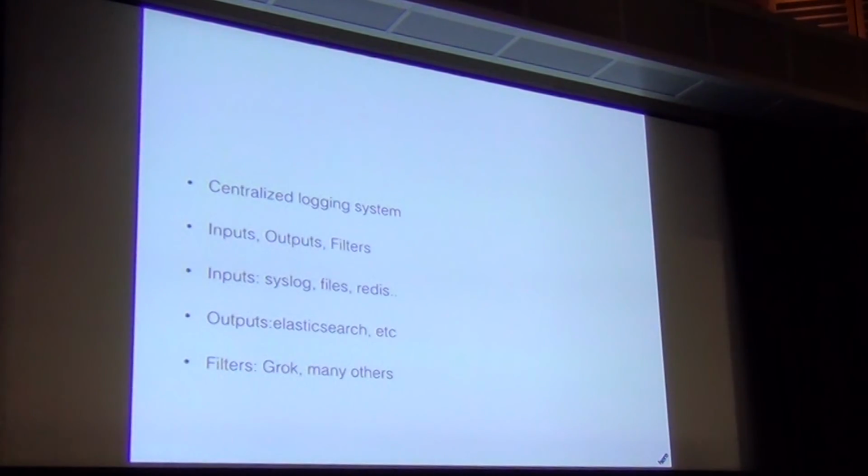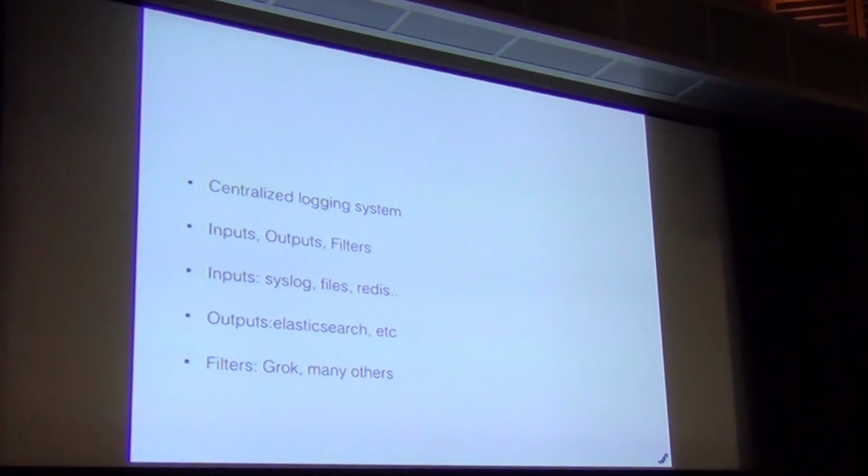And we already talked about Logstash being centralized logging. It basically is a routing system for messages, and I'll have them show up in a second. There are inputs, outputs, and filters, and it has a ton of things. Some of the inputs can be things like syslog or files or Redis.